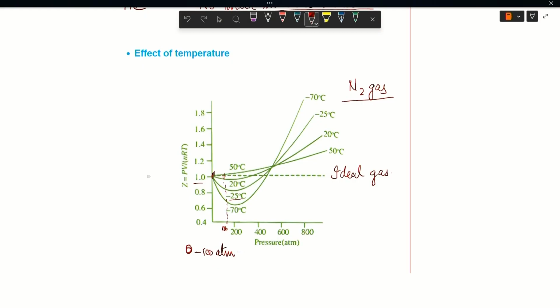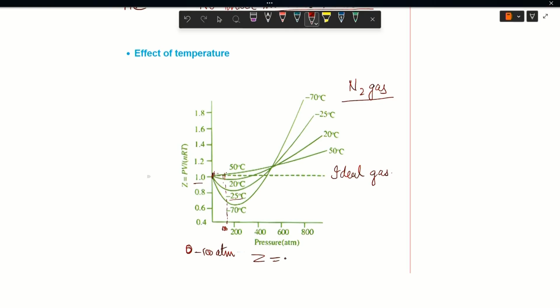So, as the temperature increases, the negative deviation or the dip in the value of Z keeps on decreasing, and at the temperature T equal to 50 degrees Celsius, you can see there is a range where nitrogen gas behaves exactly like the ideal gas.